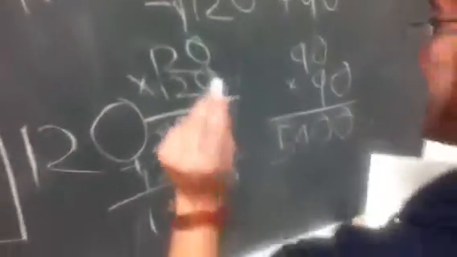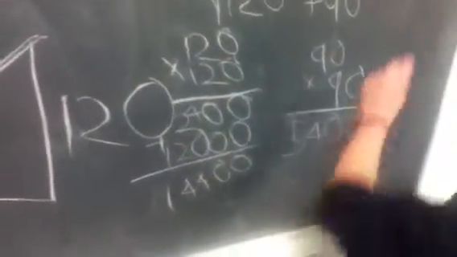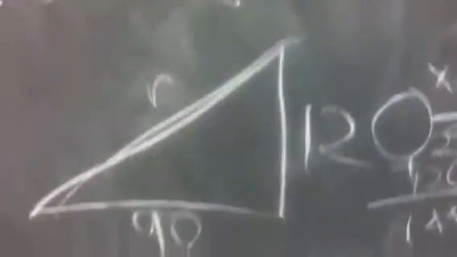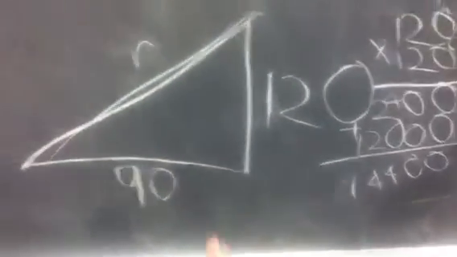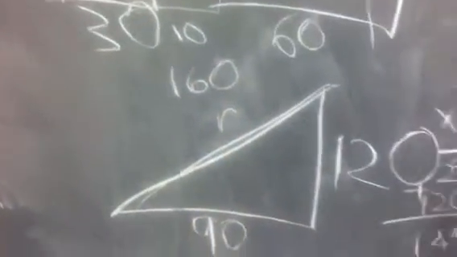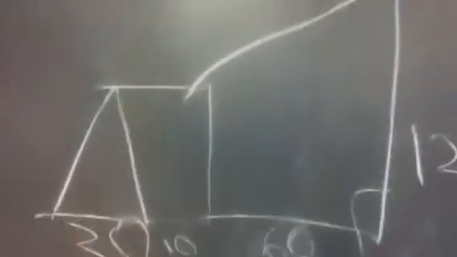And then when you take the square root of adding them together, you would get 150. And then you would have to add back in the 10 to get the distance to equal 160 for the total of this.